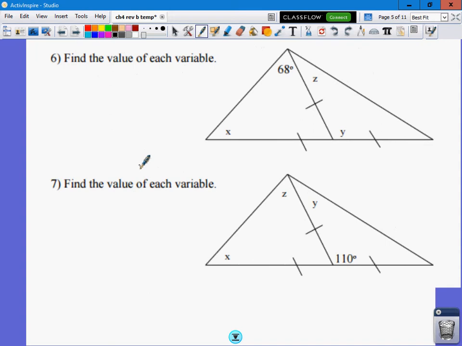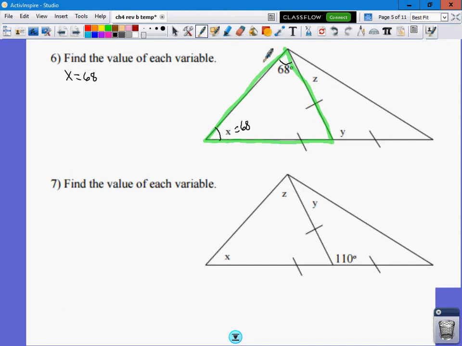Number 6. The trick with number 6 is making sure that you're looking at individual pieces. So I'm going to look at the triangle that's here on the left-hand side first, because it's where they give me a numeric value. I noticed that it was isosceles, which means the angles across from the two congruent sides are congruent. So x is 68.